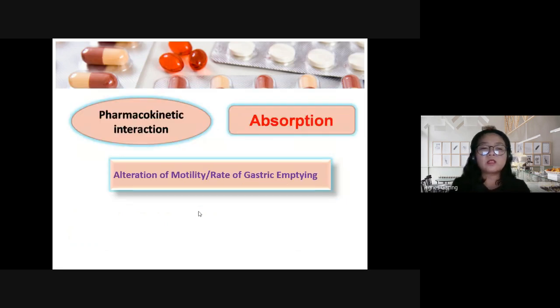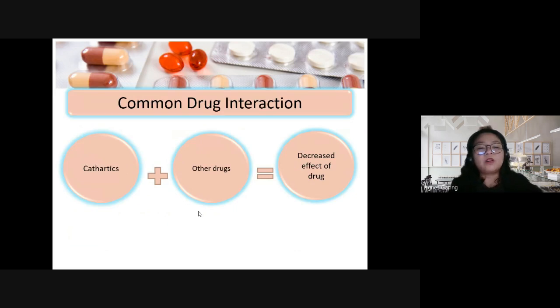So, next is pharmacokinetic pa rin, under absorption, and the alteration of motility and rate of gastric emptying. Okay? If a cathartic, okay, alam na natin yung mga cathartic, di ba? Castor oil, yan, yung mga cathartics, and then plus other drugs, then nagkakaroon ng decrease in the efficacy of the other drug.